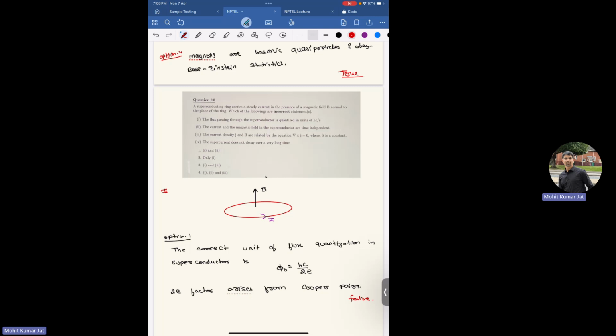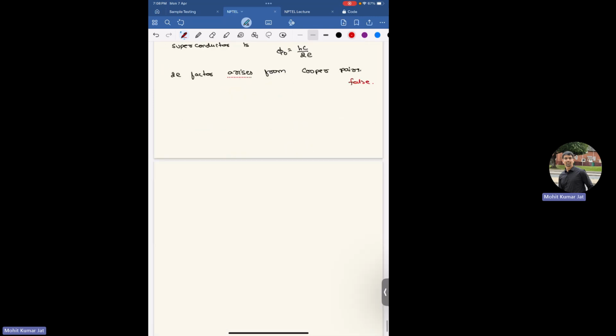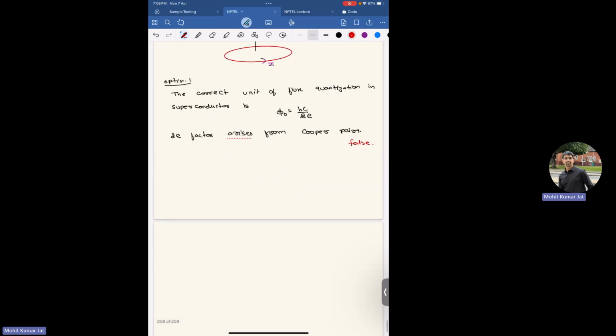The current and the magnetic field in a superconductor are time independent. This is correct because in a superconducting state below the critical temperature, the supercurrent is persistent and does not decay with time. Option 2.